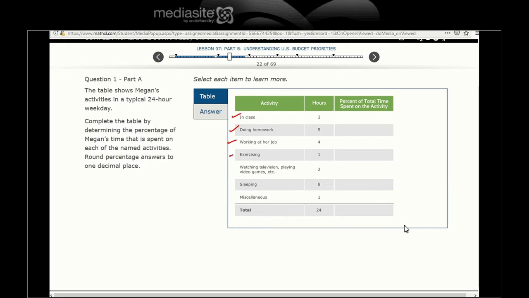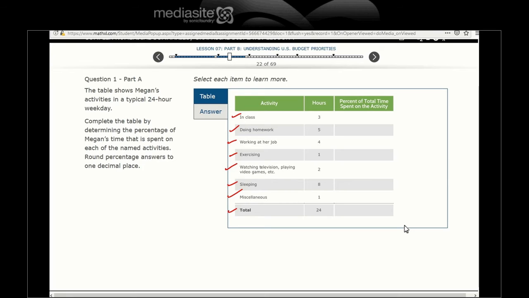She works at her job, does some exercising, some recreation, sleeps, and miscellaneous, and they should all add up to 1 day.